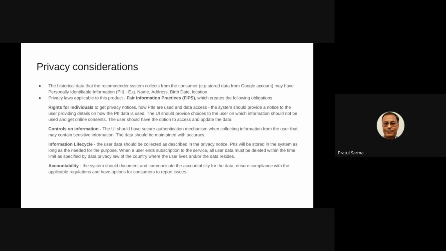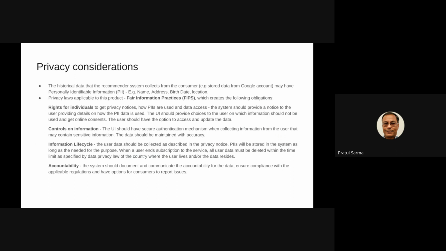Now, if we develop such a system, this system will use historical data from the consumer, which will be collected from the consumer, including stored data from, say, a Google account. And it will have personally identifiable information like name, address, birth date, etc., or location.